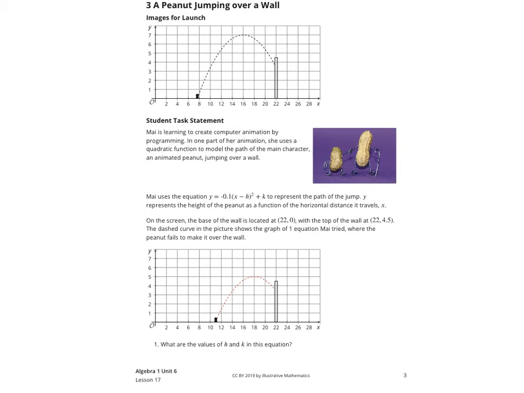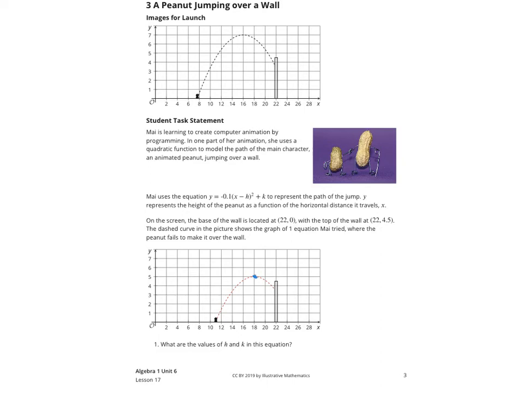On the screen, the base of the wall is located at 22, 0, with the top of the wall at 22, 4.5. The dashed curve in the picture shows the graph of one equation Mai tried where the peanut fails to make it over the wall. What are the values of h and k in this equation?